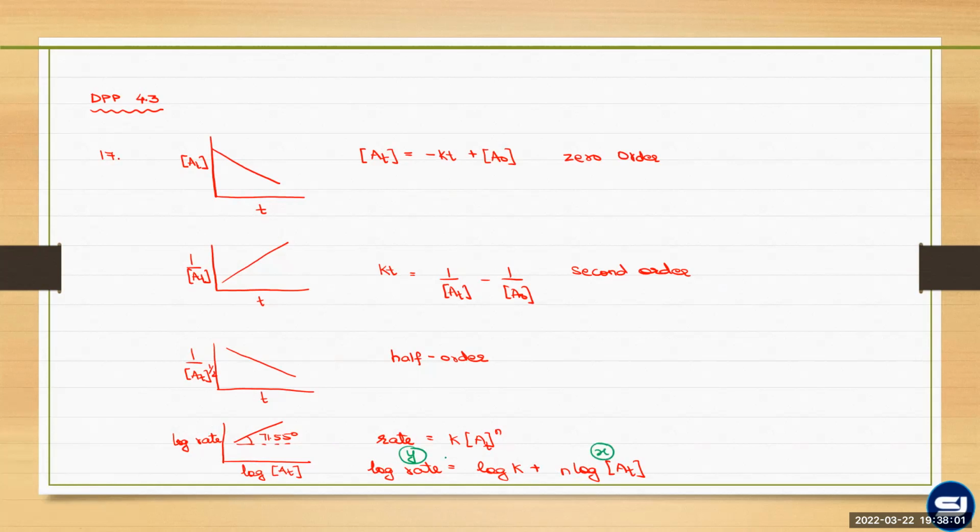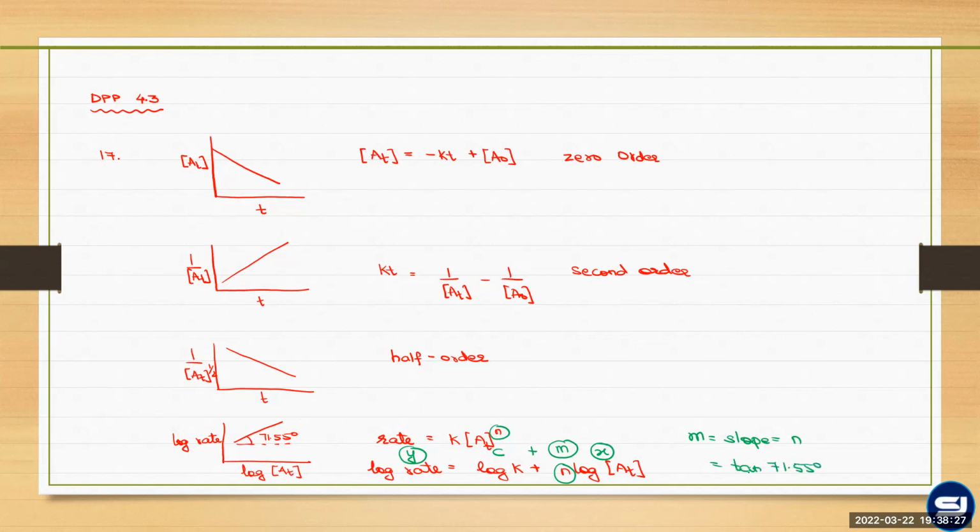This particular graph represents y equal to mx plus c, meaning the slope of this graph actually represents the order. So the slope of this graph, that is m, represents the order, and slope is tan of the angle, tan theta.